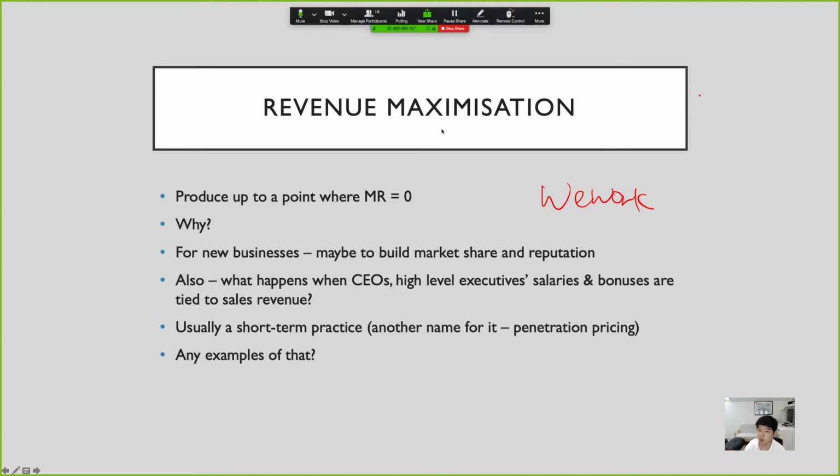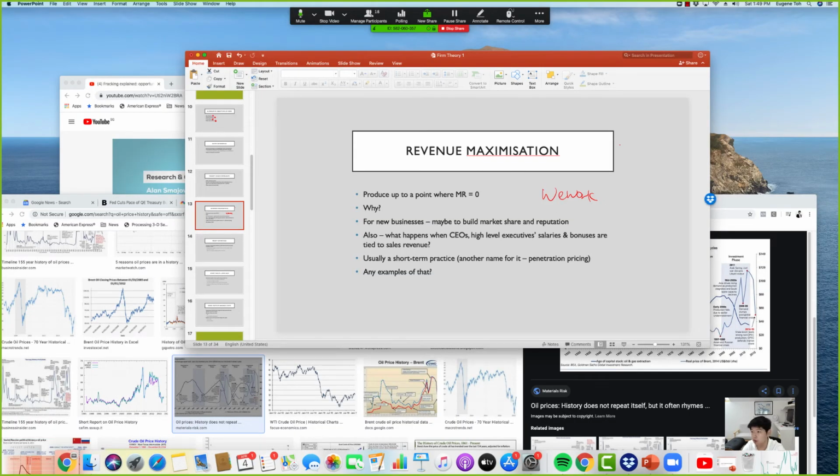To give you an example of a firm that previously carried out a strategy of revenue maximization would be WeWork. It's quite a famous example. You can go and Google and read up a little bit about it. Or if not, just give me a minute. I will find a relevant article for you.